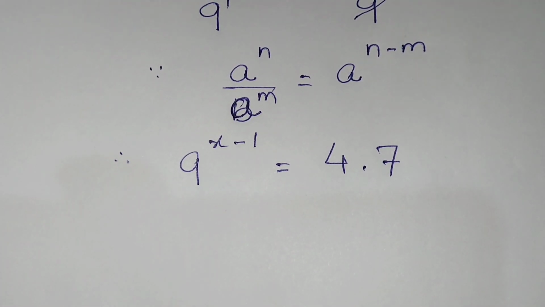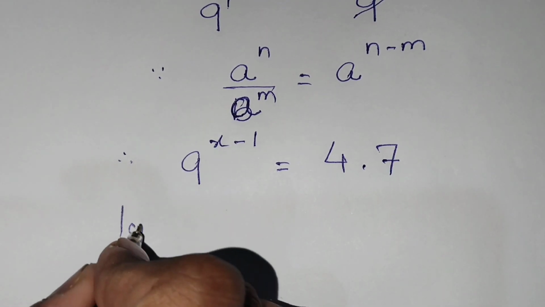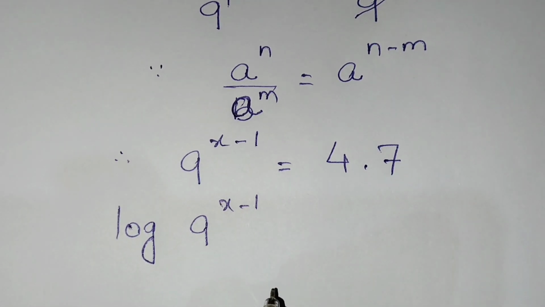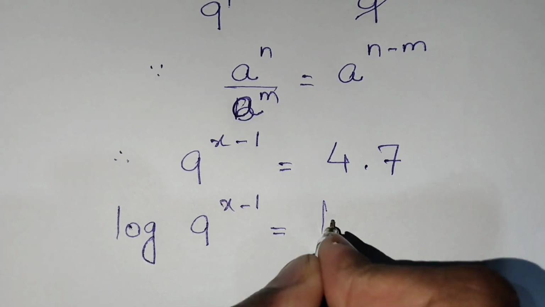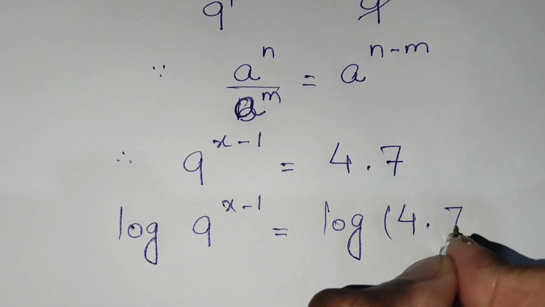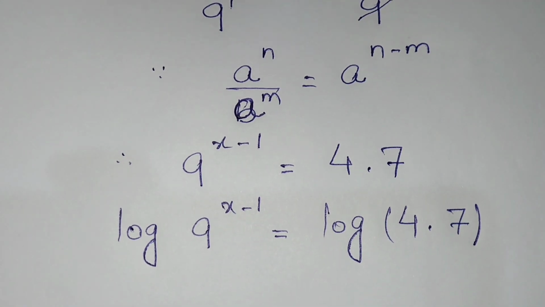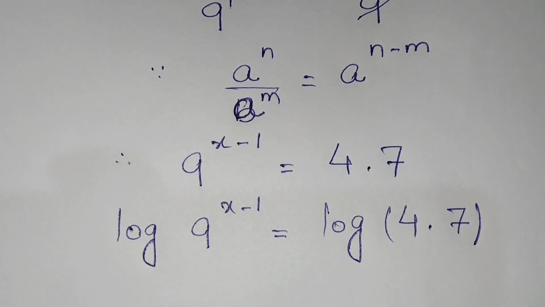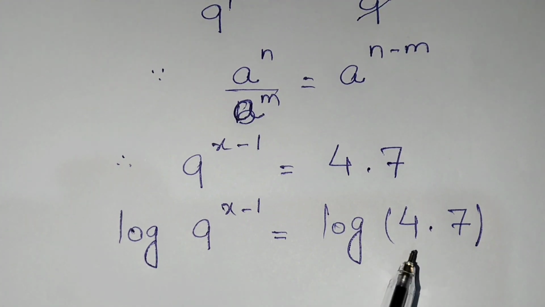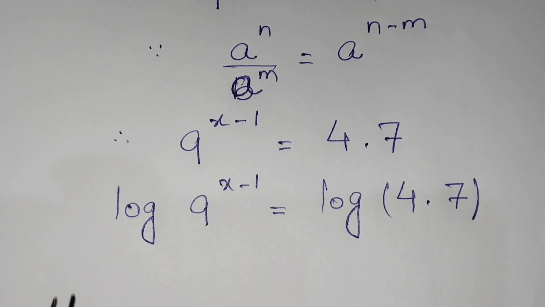Taking the logarithm on both sides of the equation, log of 9 power x minus 1 is equal to log of 4 into 7. Now we will use two log formulas here, one for the left hand side and one for the right hand side.